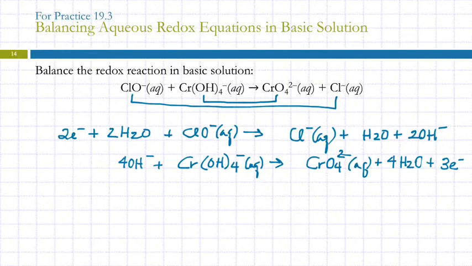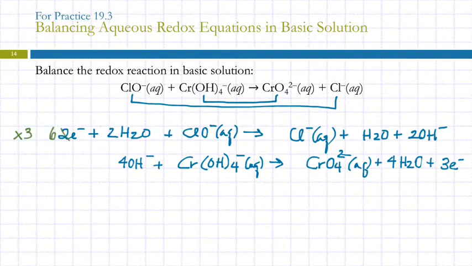What's the next thing I need to do? I need to balance the electrons, make the electrons the same, right? I've got 2 in this half reaction and 3 in this half reaction. I need there to be the same so that they're going to cancel each other out. So I'm going to go for 6. So I'll multiply this top one, where I have 2 electrons, by 3.